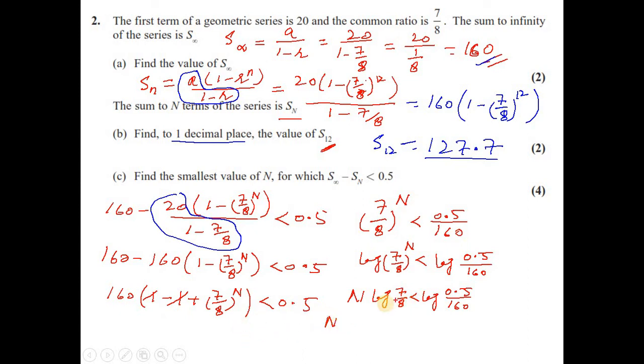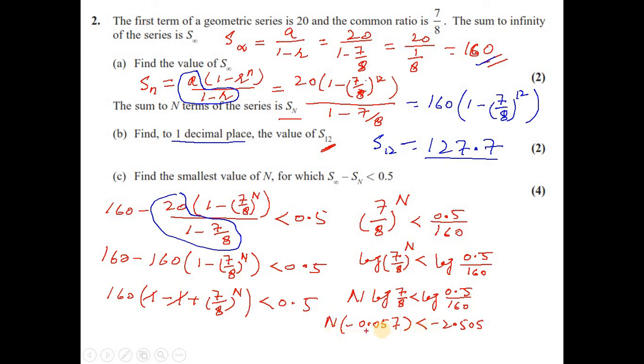Clearly, if you use your calculator, n times log of 7 by 8, which is minus 0.057, is less than log of 0.5 divided by 160, which is minus 2.505. Because we need to find n, we will have to divide the whole inequality by minus 0.057. And remember, whenever we divide an inequality by a negative number, the sign of the inequality flips.